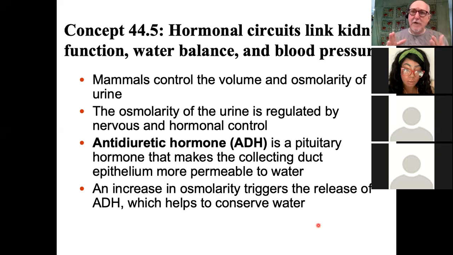There are other ways that blood pressure is regulated, by getting the muscles in the blood vessels to constrict or relax. But the kidney is the one major contributor, by regulating the volume present in our blood vessels.